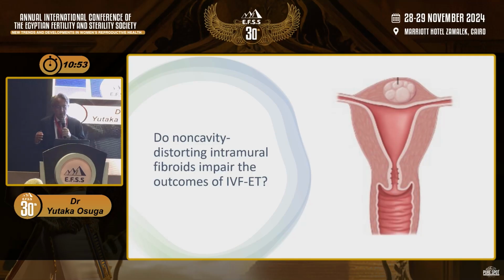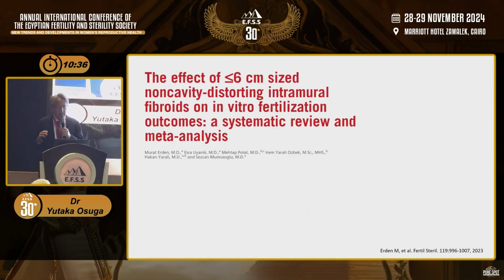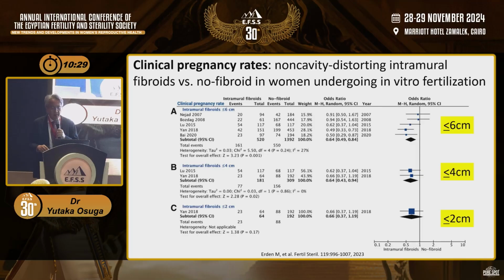We all know that submucous fibroids or cavity-distorting intramural fibroids reduce fertility. So then, do non-cavity-distorting intramural fibroids impair the outcomes of IVF-ET? This is the answer. In this meta-analysis by Erden et al., they found that intramural fibroids at the size of 6 centimeters or less decreased the clinical pregnancy rate, as shown here.